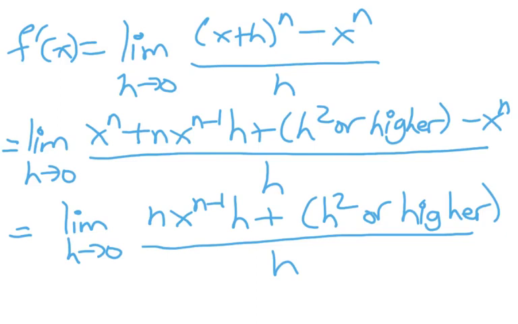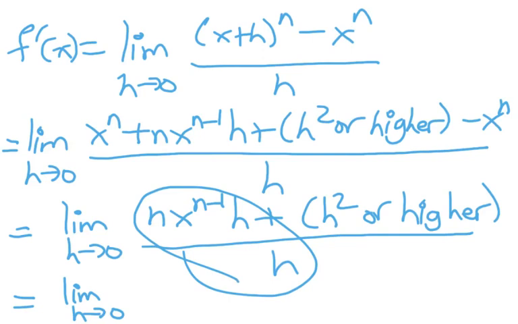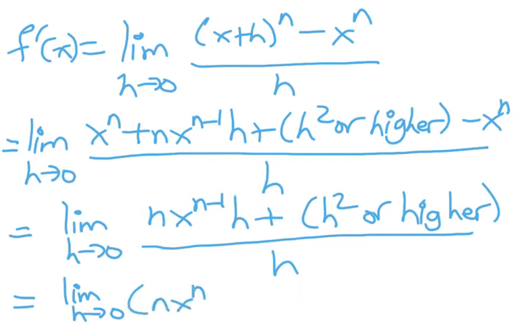So what happens when we divide by h? Well, in this term here, the h's are just going to cancel, leaving us with n times x to the n minus 1. In these terms, one of the h's is going to cancel, but since every single term there had at least h squared, that means that every single term has at least a factor of h remaining.